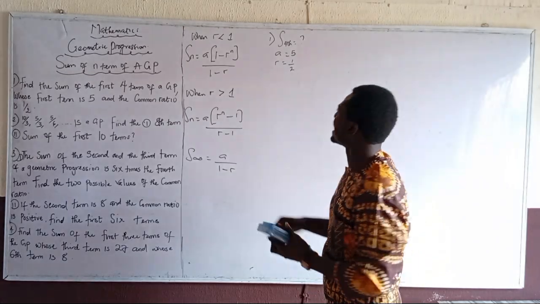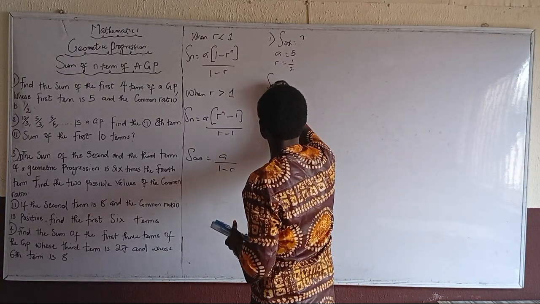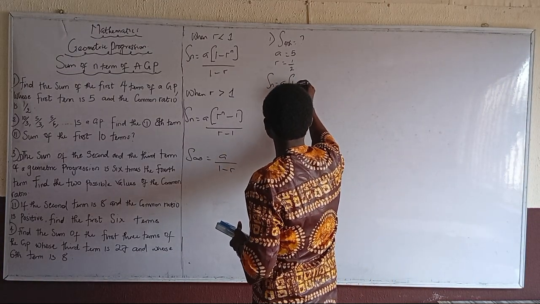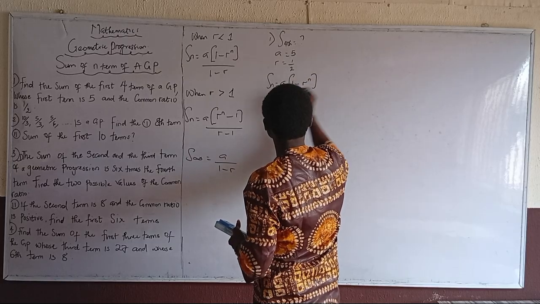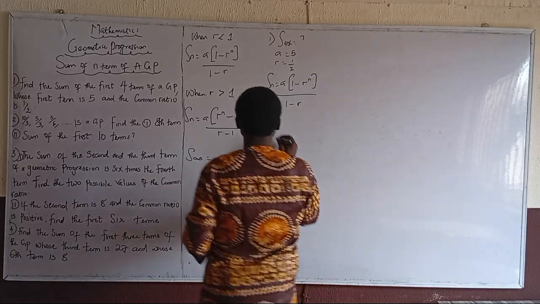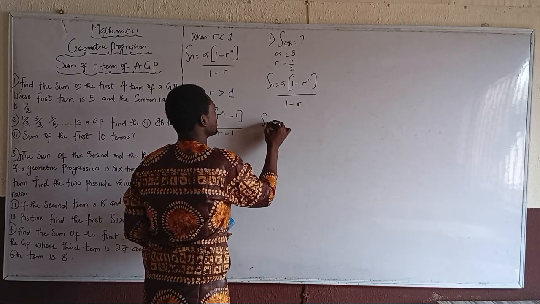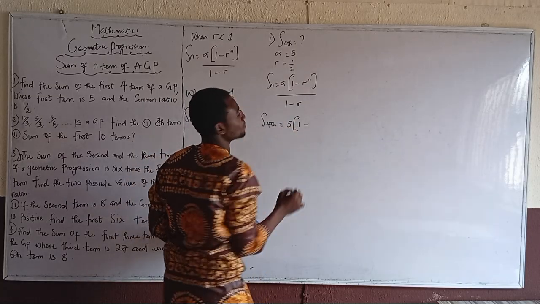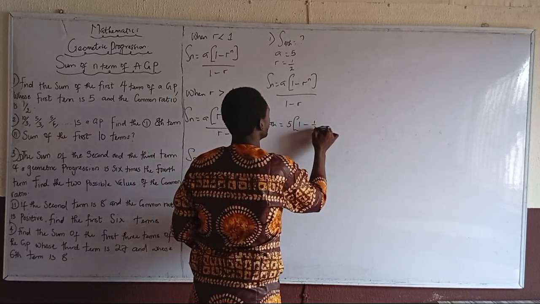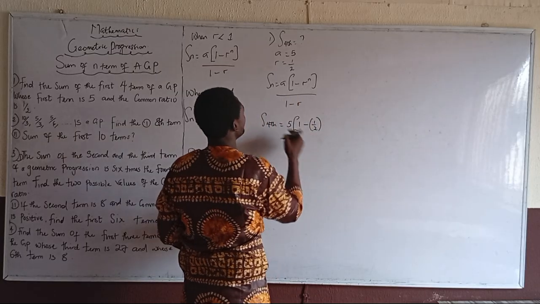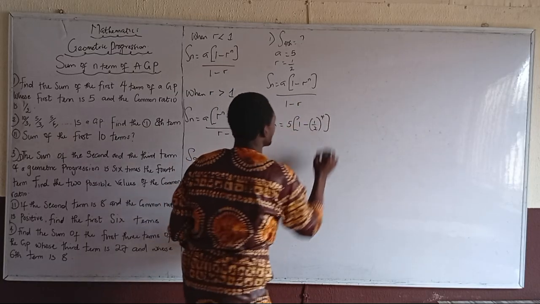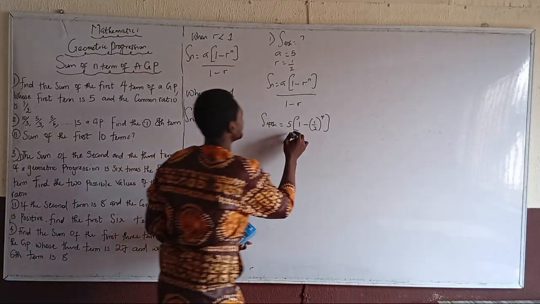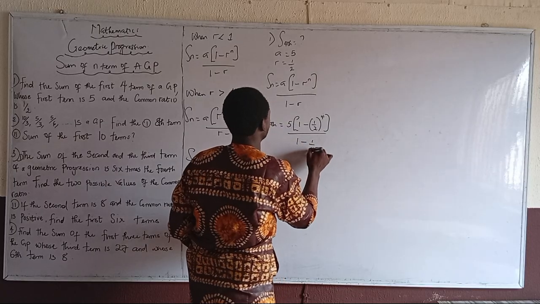So since r is less than 1, my formula for sum is a open bracket 1 minus r raised to power n over 1 minus r. So sum of the first terms, my a is 5, 1 minus my r is half, then raised to power 4, because my n is 4, divided by 1 minus half.